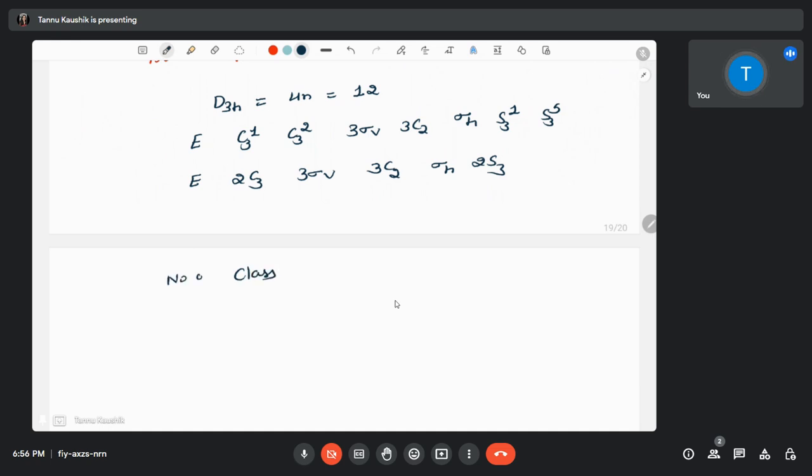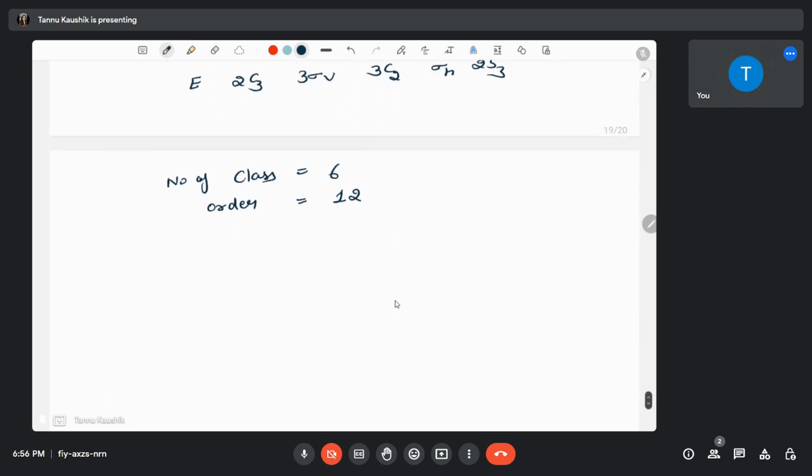So here the number of classes is 6 and the order is 12. So it will become 1 square plus 1 square plus 1 square. So this you will have to choose arbitrarily but following all of the postulates.